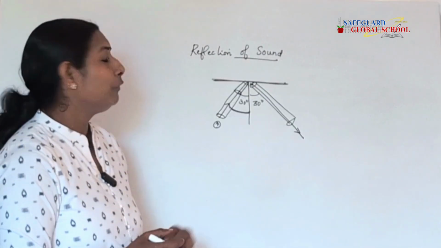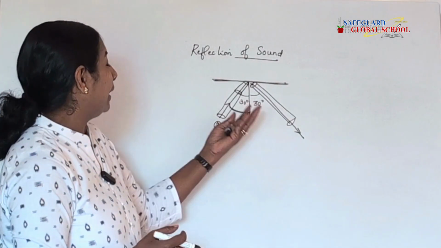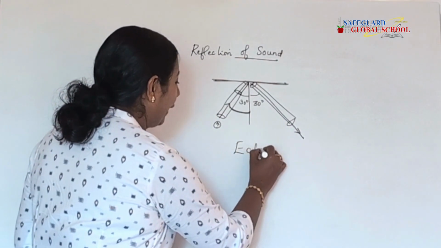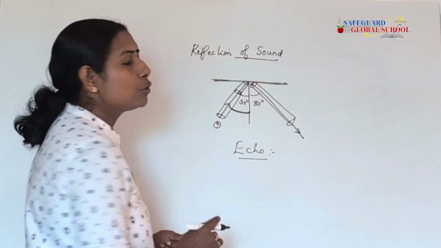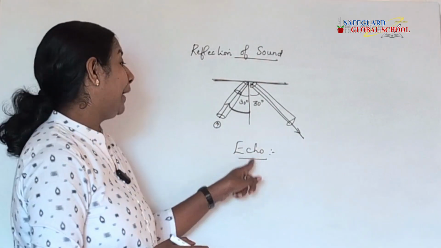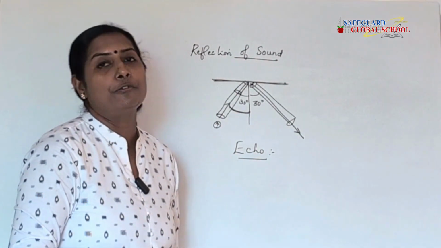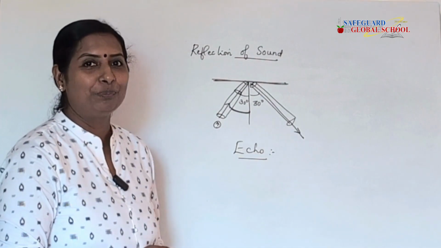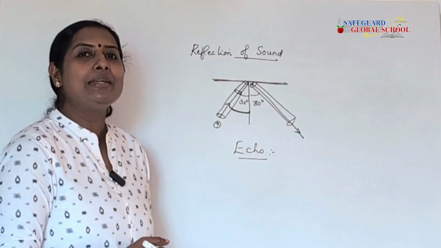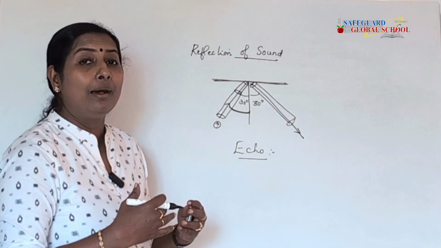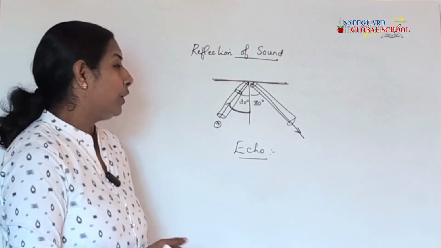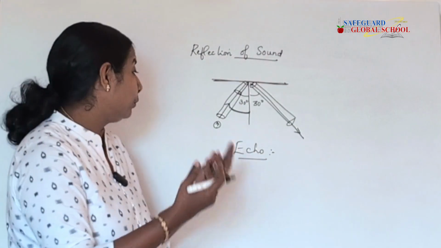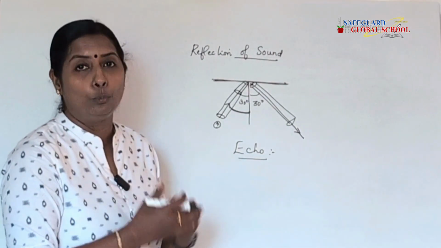Now we are going on to the reflection of sound, and we term it as echo. So what is echo? Echo is the reflection of sound, or the reflection of sound is called echo. So here we will discuss what is the minimum distance from the source and the reflecting surface to hear a distinct echo.